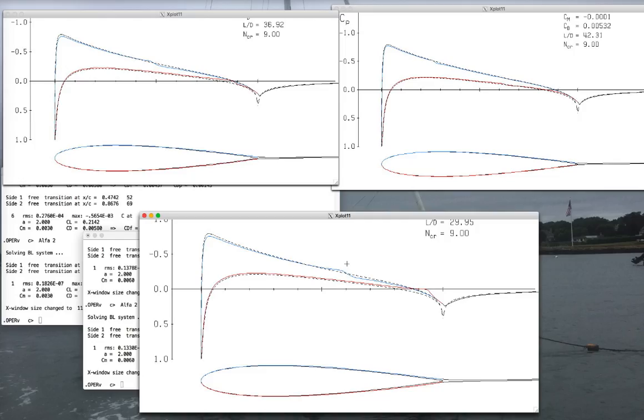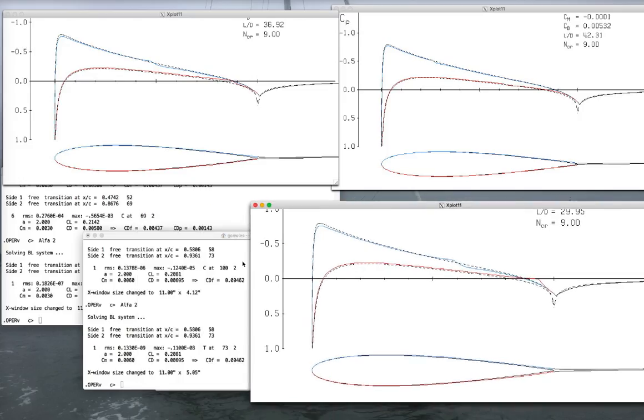So if we go from here to here to here, we're increasing the Reynolds number, and the transition point is moving forward. The boundary layers are becoming thinner, and the viscous effects, although there is still a strong drag effect, the effect on lift relative to the inviscid case is being reduced as we increase the Reynolds number.